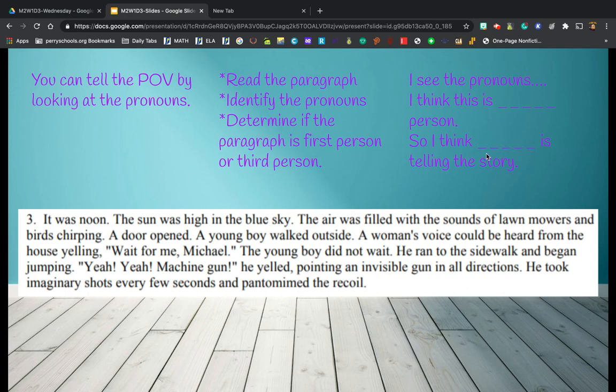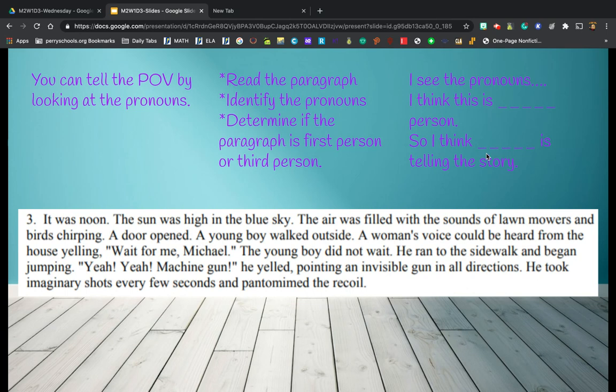So as I was reading this, I saw a couple things that were kind of confusing. It says in here, a woman's voice could be heard from the house yelling, "Wait for me, Michael." Now, I see the word me, but that's only in one spot and it's in quotations. That's what someone in the story said. It's not who's telling the story, it's what somebody said because it's in quotations.